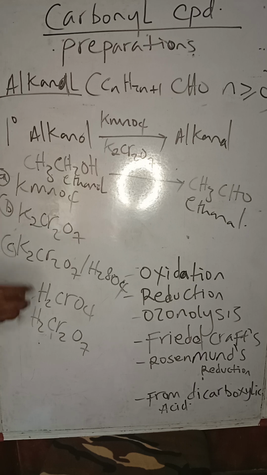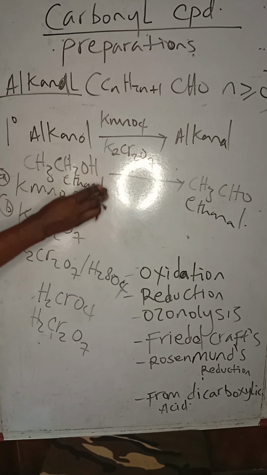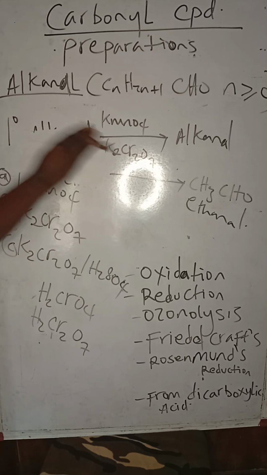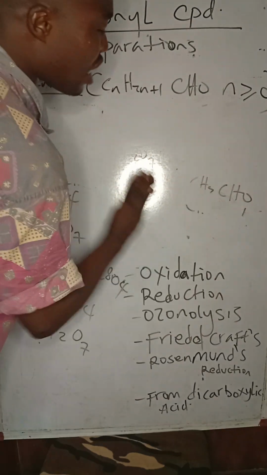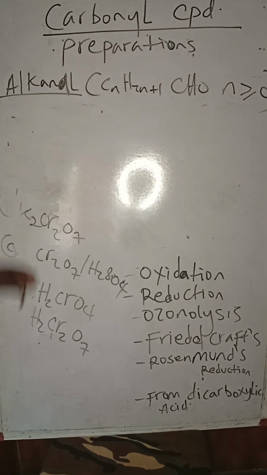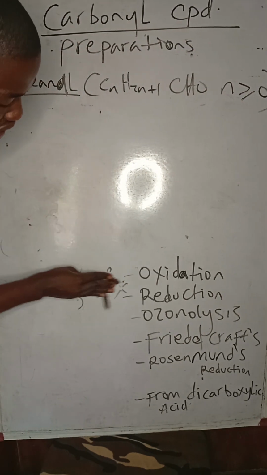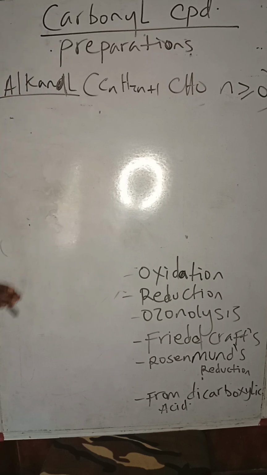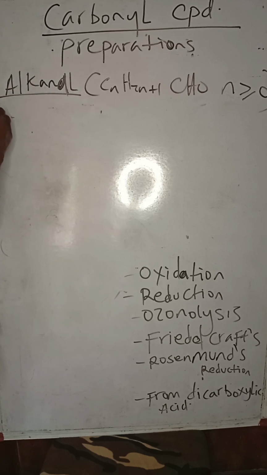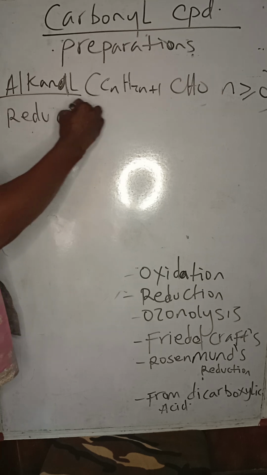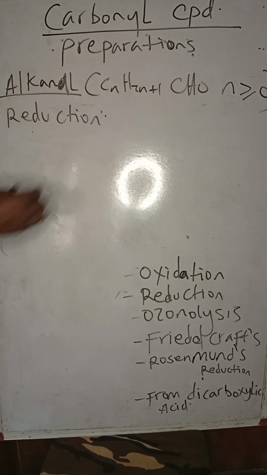So, moving straight to reduction without wasting time. How do you get alkanals by reduction? This is the second way to prepare alkanals: reduction. So reduction of what, and what is the reducing agent?